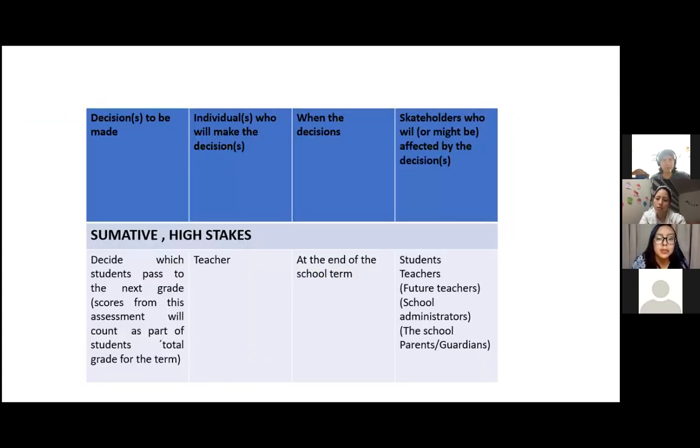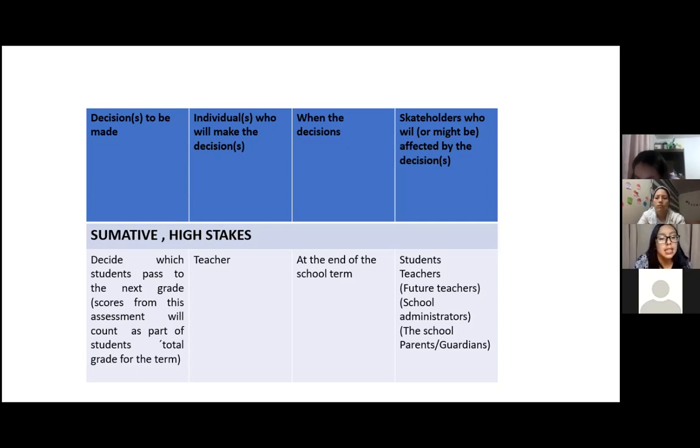So first we have the summative decision, which aims at assuring that the students will benefit from instruction at the appropriate level. So in this case, the summative decision is to decide which students pass to the next grade, and which scores from this assessment will count as part of students' total grade for the term.